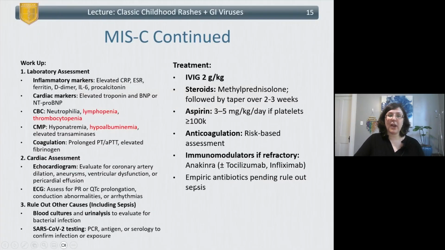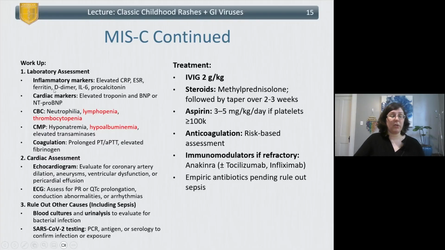So what do we do for MIS-C? One really important thing to think about is that because sometimes this presentation can be so similar to Kawasaki, you want to be thinking about both of those conditions. The workup is going to be fairly similar, but it's going to include some of these other things that we typically see in MIS-C versus Kawasaki.